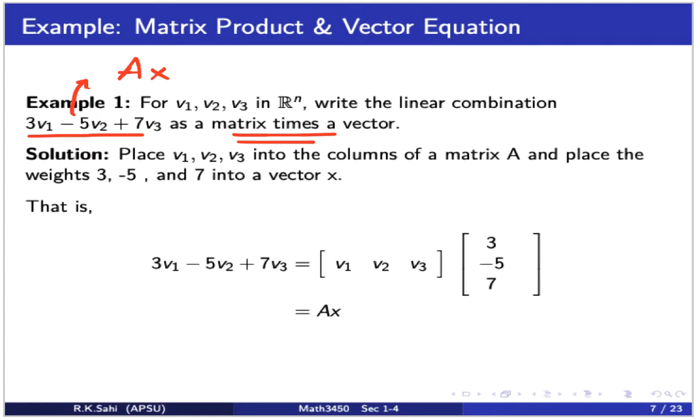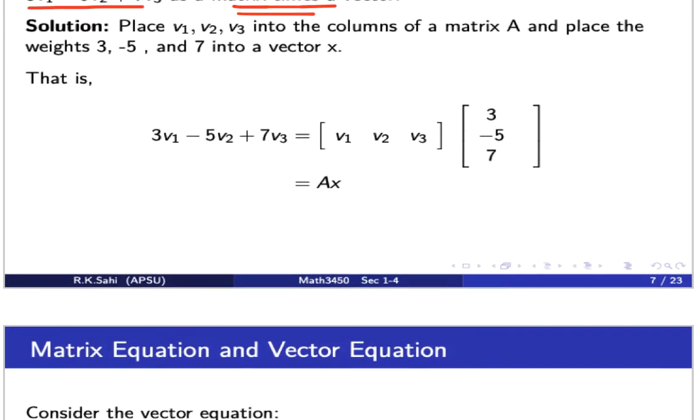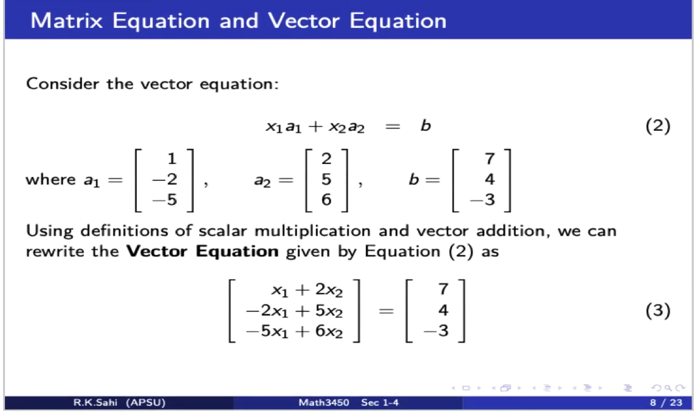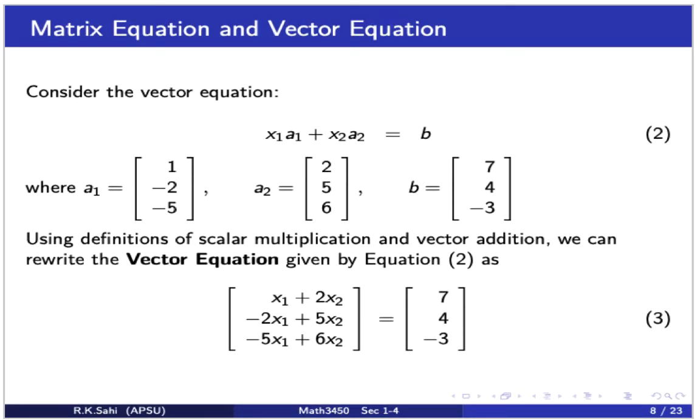Now, let's see the relationship between a vector equation and, as the topic of this session suggests, a matrix equation. So that's what we will be doing next. Starting with the vector equation, we have vectors, say a1 and a2 and vector b, and we're looking at the vector equation x1 a1 plus x2 a2 equals b.